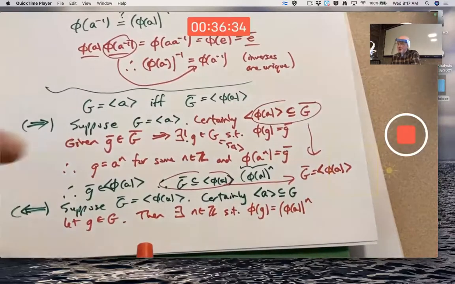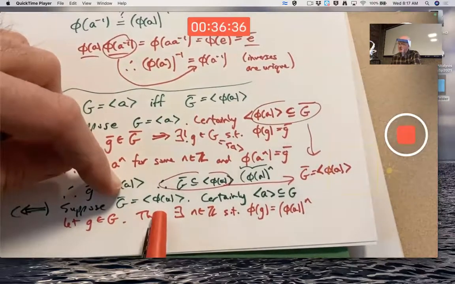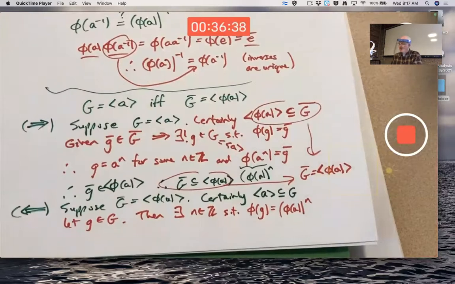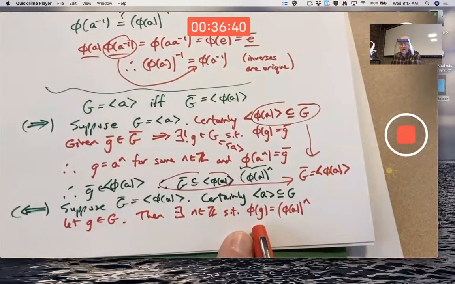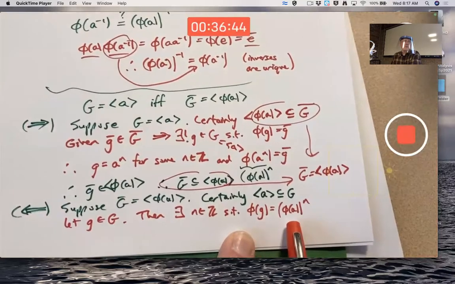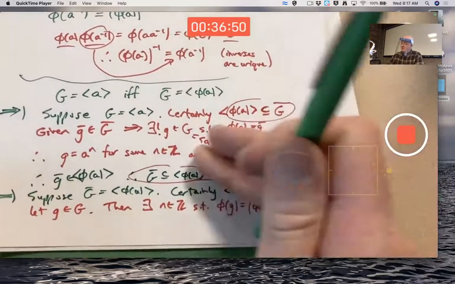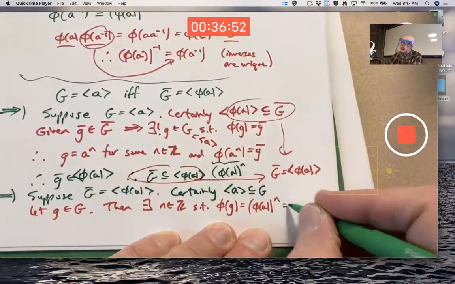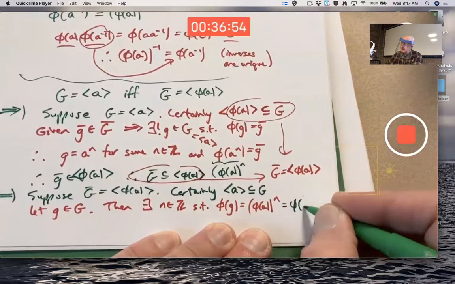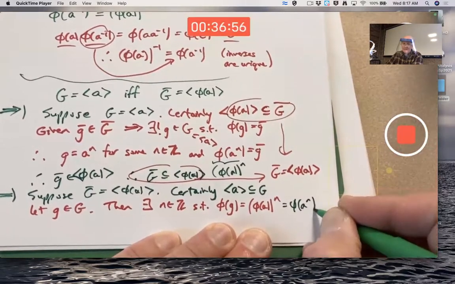I'm assuming G bar is generated by phi of A. I know that phi of g is in G bar. Therefore, it's got to be a power of phi of A. But phi is operation preserving. This is the same as phi of A to the n. Am I done?